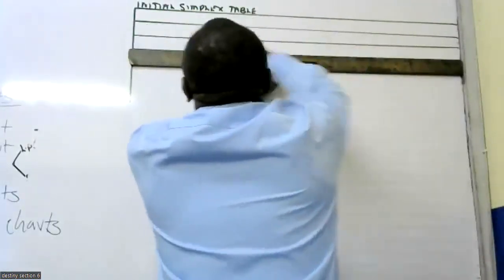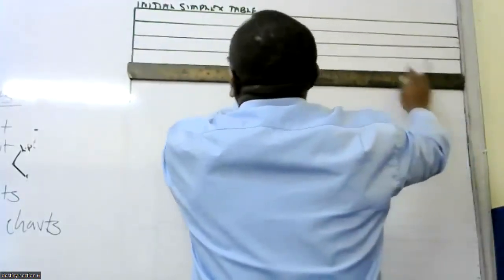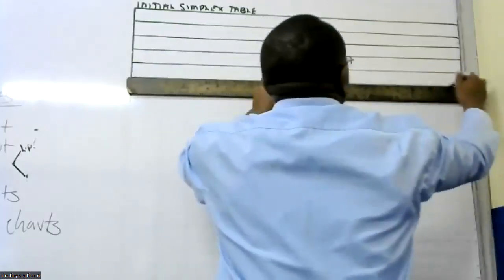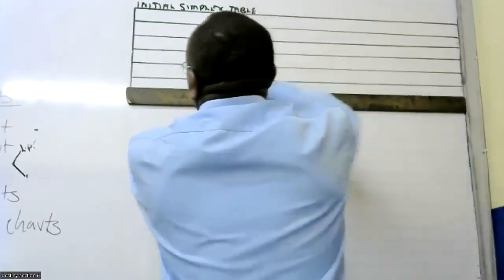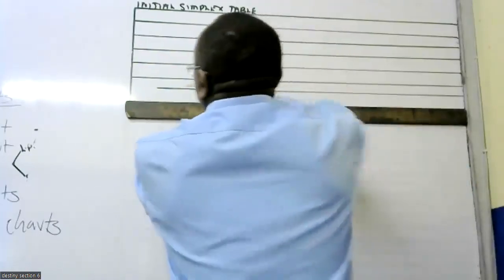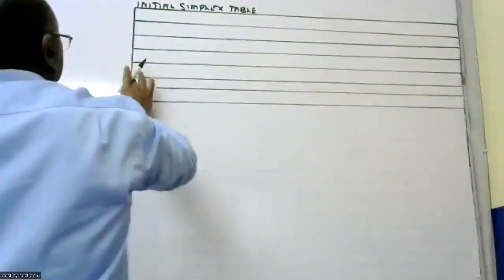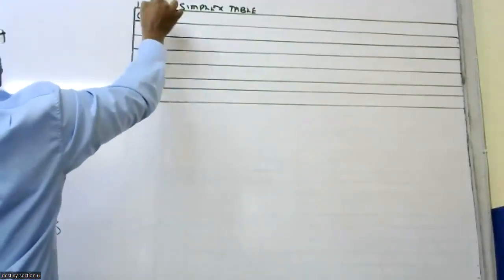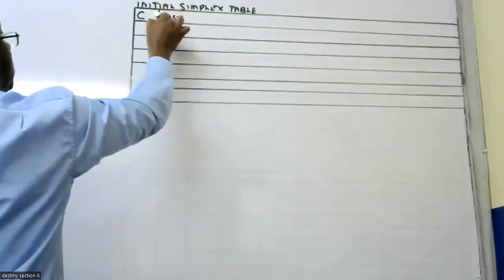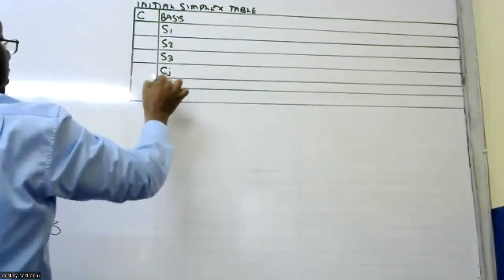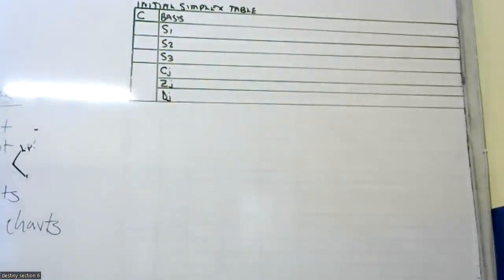So the first one, the second, the third, then we will have the Cj, then the Zj, then the Bj. So I told you this is called column C. This is basis. We have S1, S2, S3, Cj, Zj, and Dj. That is how it will look.